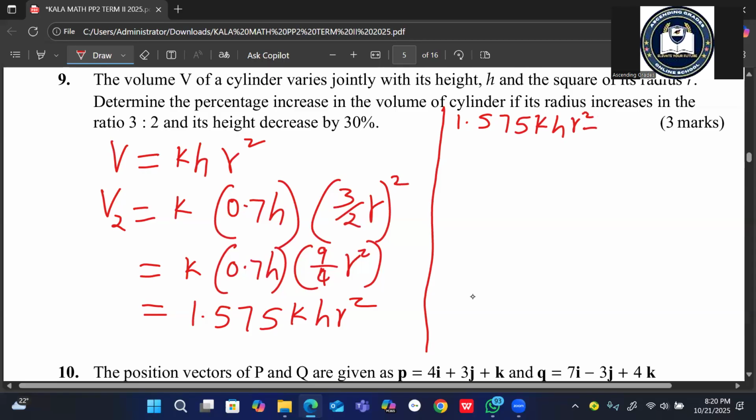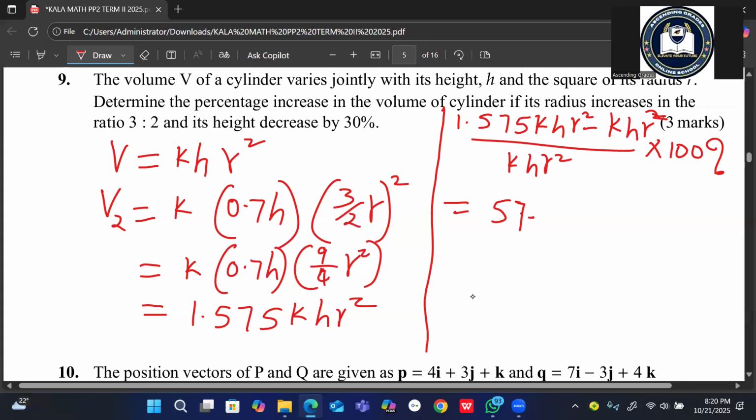You subtract the initial one, that is khr squared, out of khr squared, you multiply by 100%. So this one gives you 57.5%, and that is your answer. So that is the percentage increase in the volume of the cylinder.